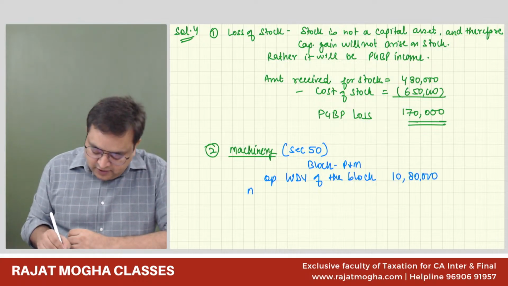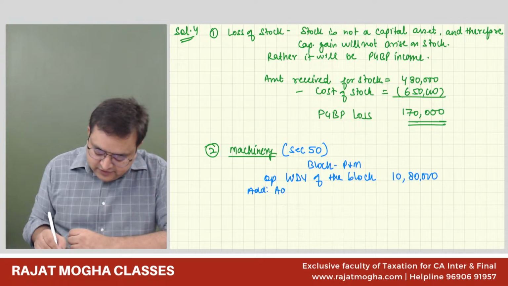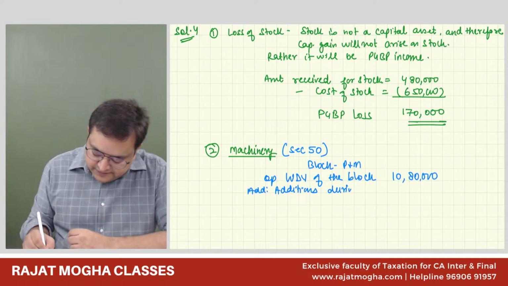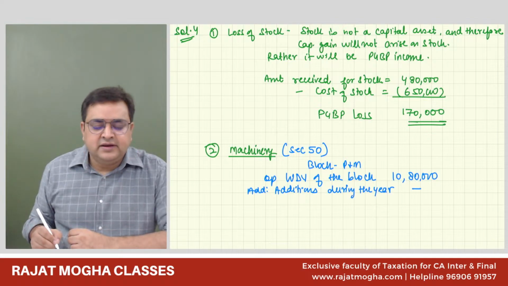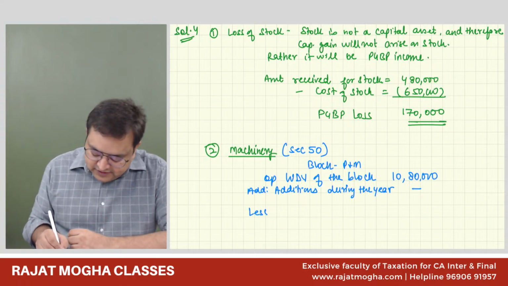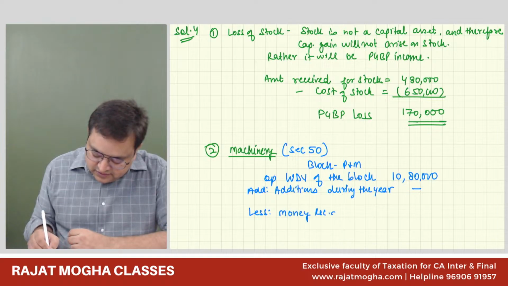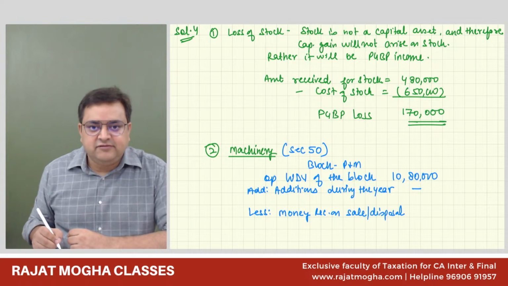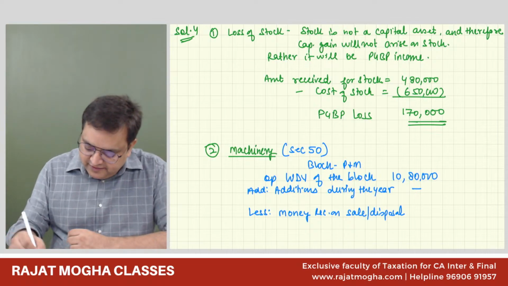We understand how we calculate additions during the year. Additions during the year: we have not added anything in this block, but less money received on sale or disposal. So whatever money we have received, how much have we received?